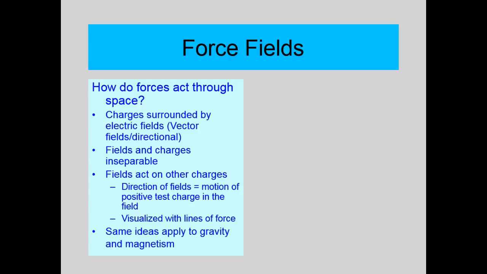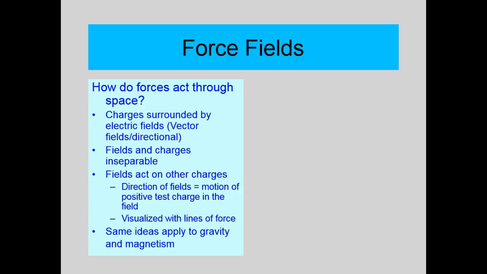If you have a huge mass like the sun, the moon, the stars, Earth, the planet, whatever, it has a gravitational force field around it. Anything within that field is going to be pulled toward it. Same thing with charges. If I have a charge up here, positive or negative, I don't care. Positive. That means it has a deficit of electrons. So it has a positive charge.